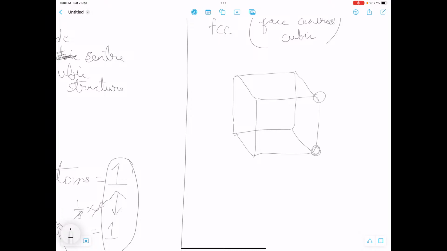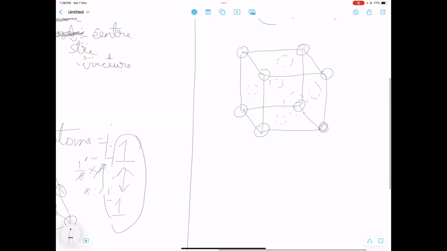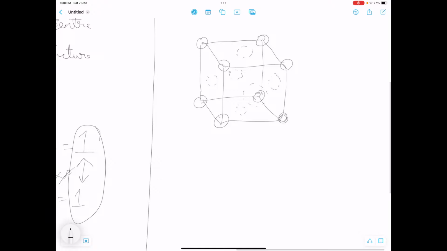On the sides there are atoms on every 8 corners. 4 plus 2 plus 2, 8. And instead of an atom being in the middle, it is on each face of the cube. Here, here, on top, behind, this side, and bottom. It's on every face. So how do you calculate the total number of atoms for this cube?